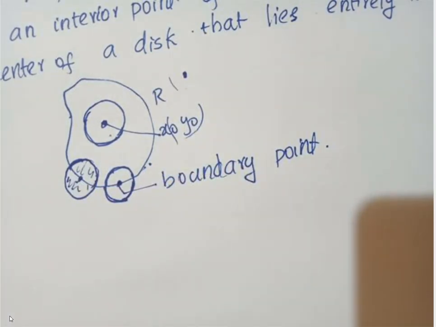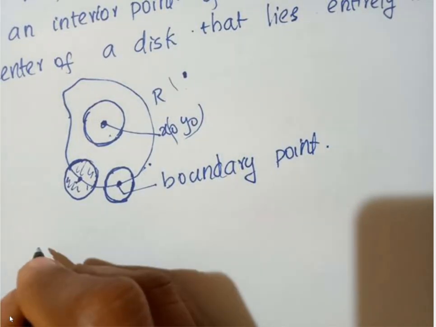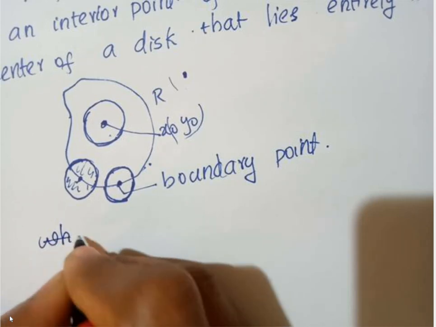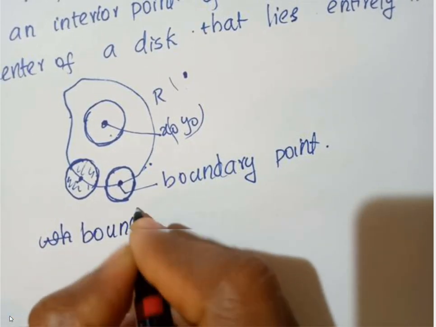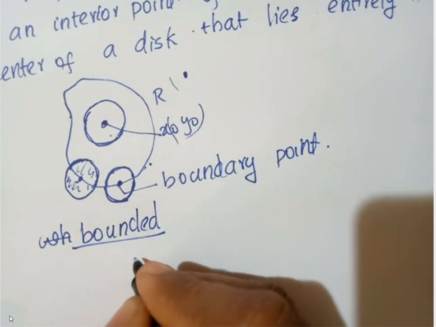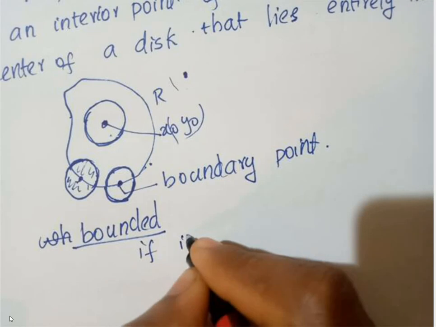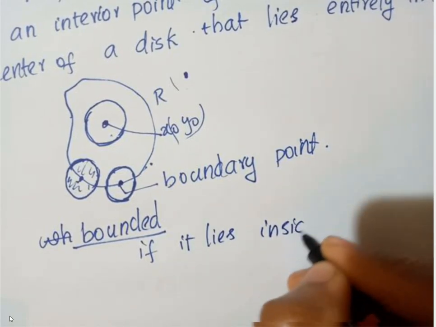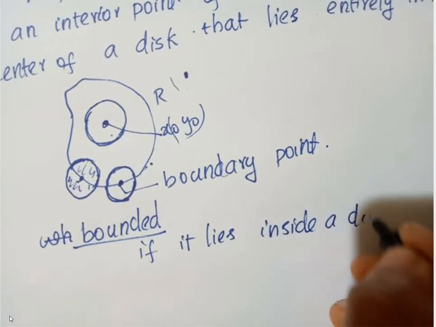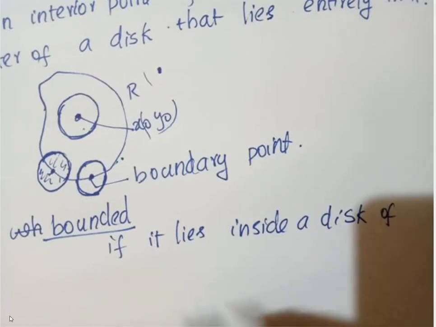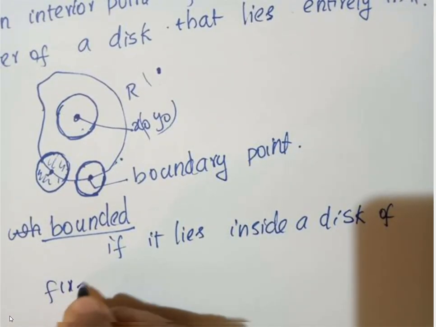Next is a region. When is a region said to be bounded? A region is said to be bounded if it lies inside a disk of fixed radius.